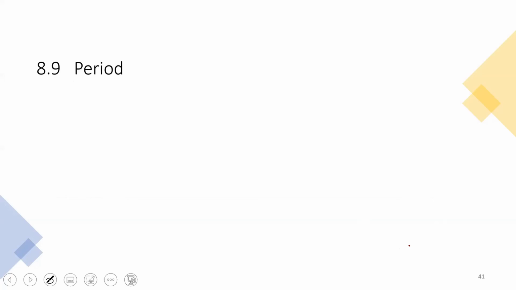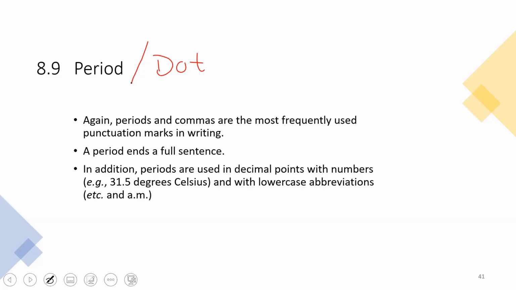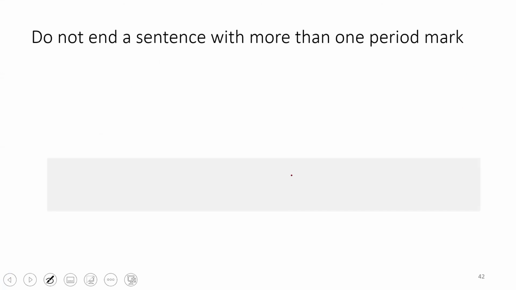Dot, sometimes I call it a dot, but its function is a period. It ends a full sentence, but it's more than that. You use it, for example, for abbreviations, numbers, etc., and decimal points. Do not end a sentence with more than one period mark. You may say, how come I have 2 marks? Why do I need 2 marks, right?